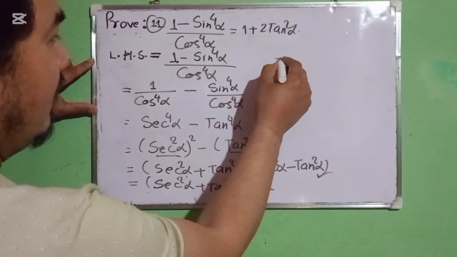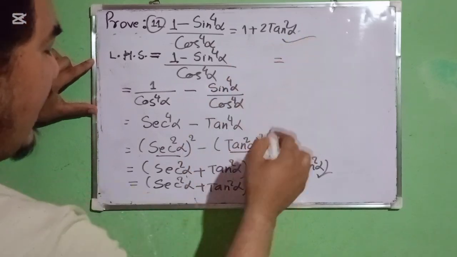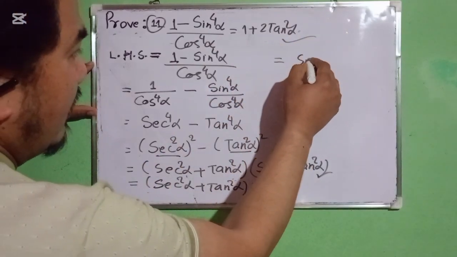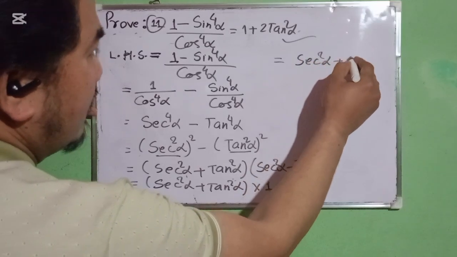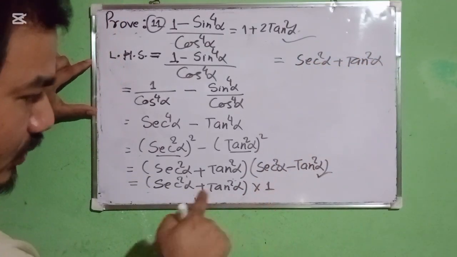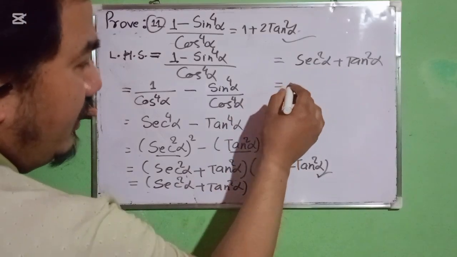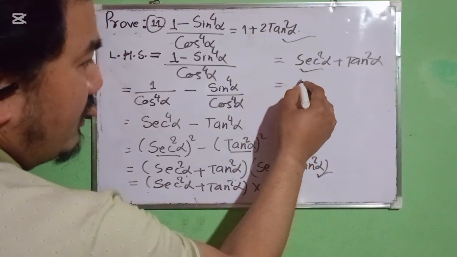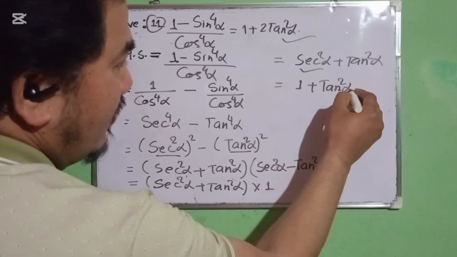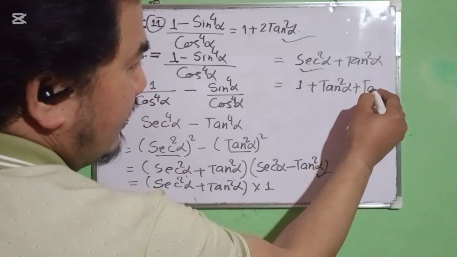Now look here, we need to bring both in tan, so sec square alpha plus tan square alpha into 1. Sec square alpha we know is 1 plus tan square alpha, and plus tan square alpha.